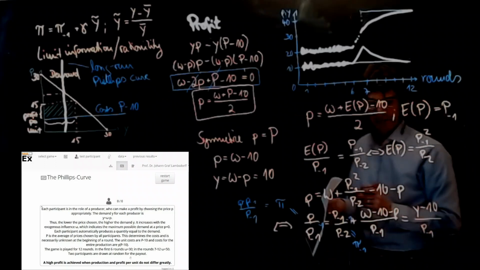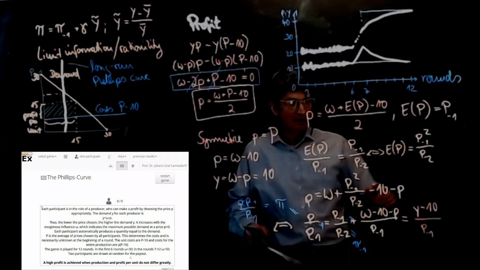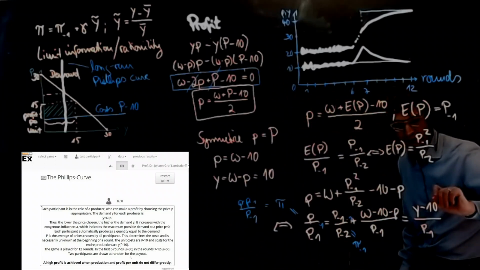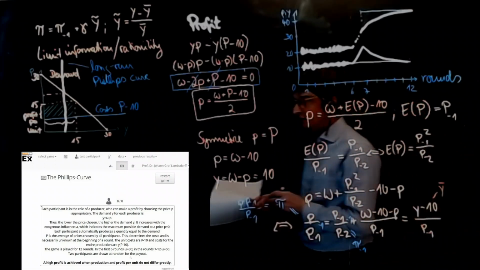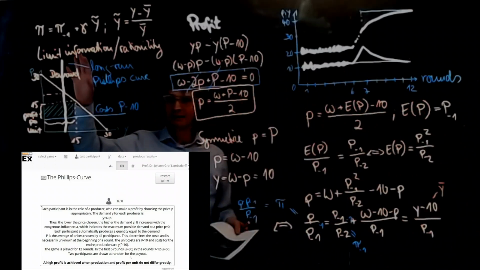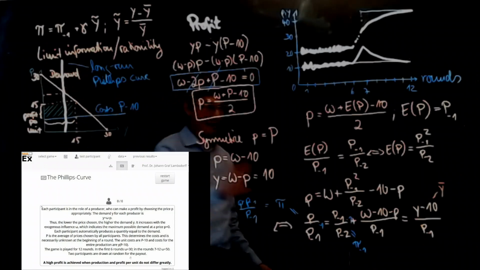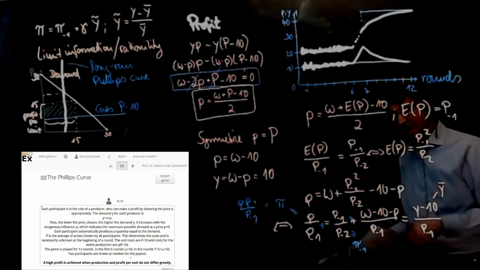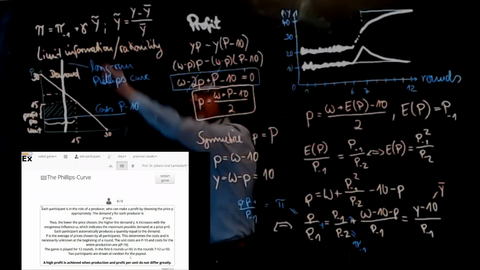Okay? And the minus 10, now this corresponds to potential production. This is the long term, the natural rate. So ultimately we come up with this equation.